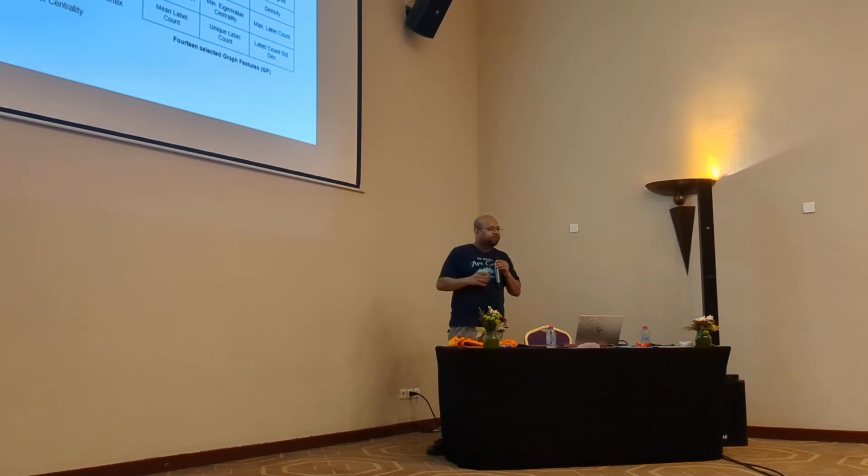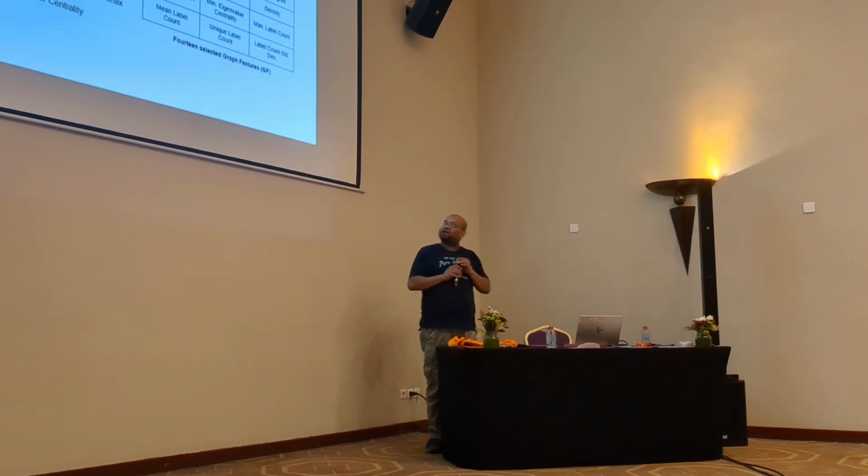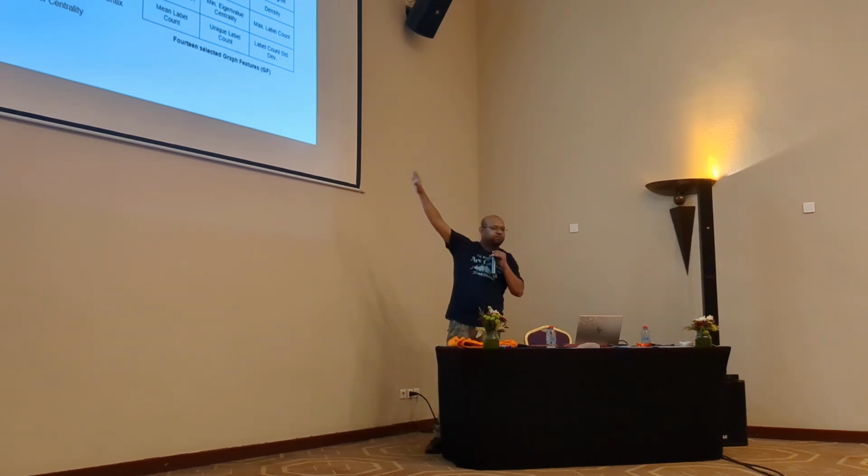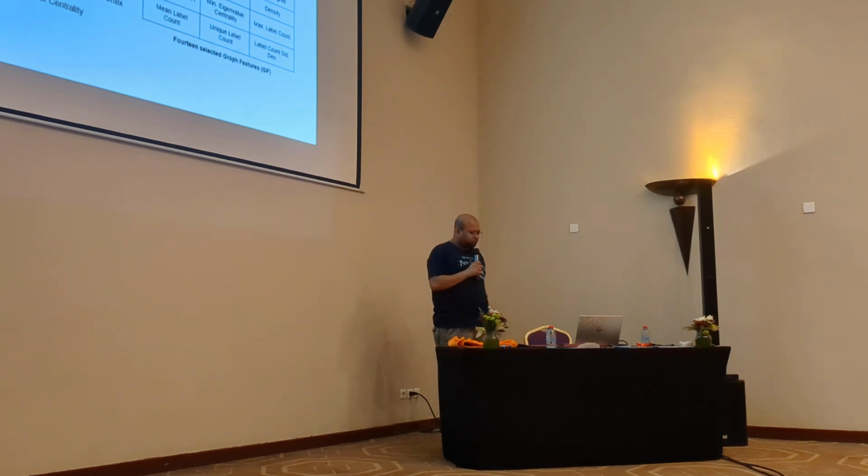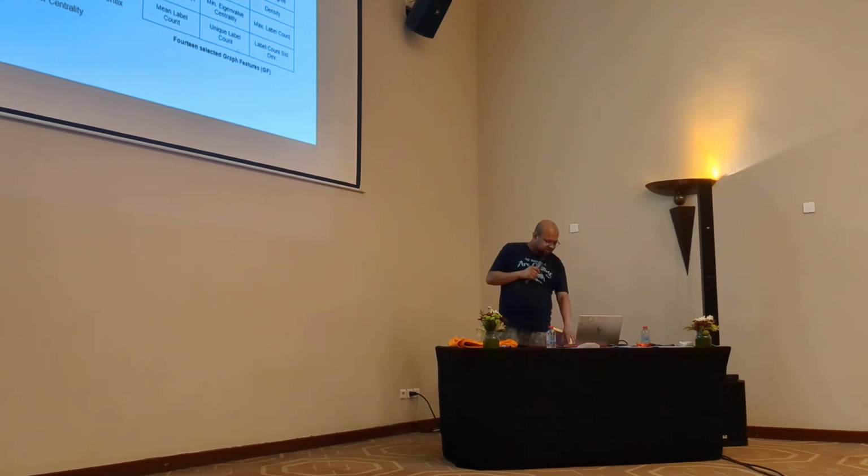Number one is graph features. Graph features, we started with 25 features, ended up selecting these 14 features because we did variance based thresholding or linear correlation to eliminate the features. So we started with 25, we settled on these 14 graph features.